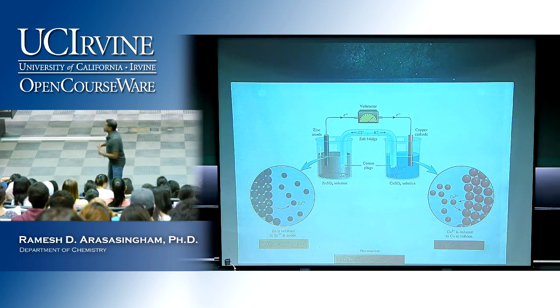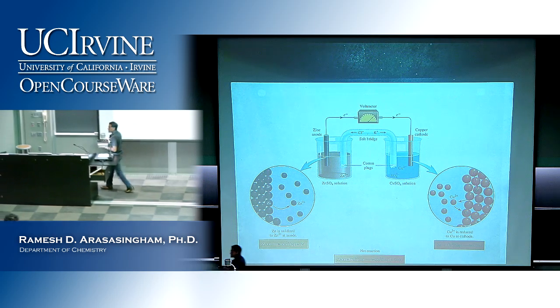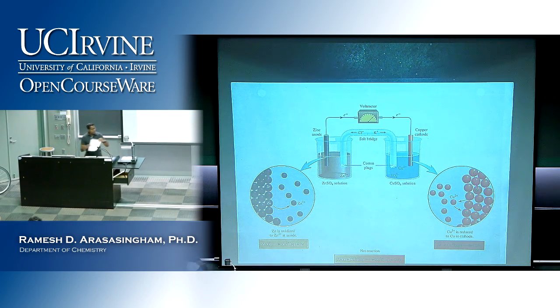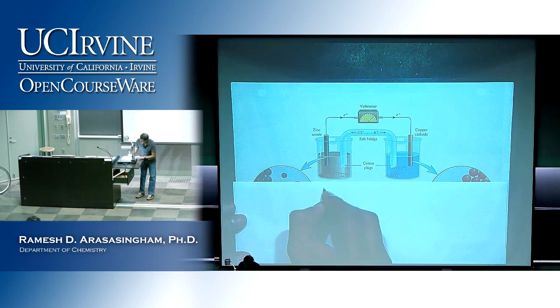Now, if you look at this, the left-hand side is where the oxidation takes place. On the left-hand side, we call this the anode. And the anode is where the oxidation occurs.